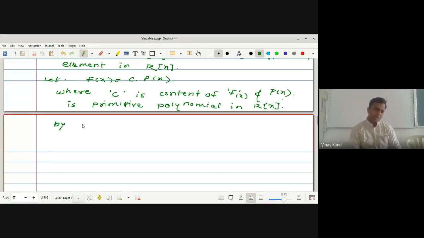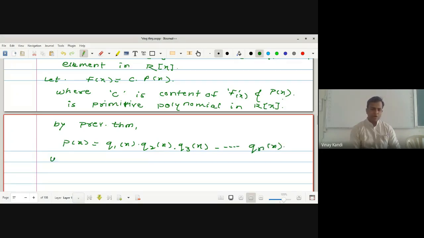So p of x can be written as q1 of x into q2 of x into q3 of x and so on up to qn of x, where all qi of x are irreducible elements in R of x.